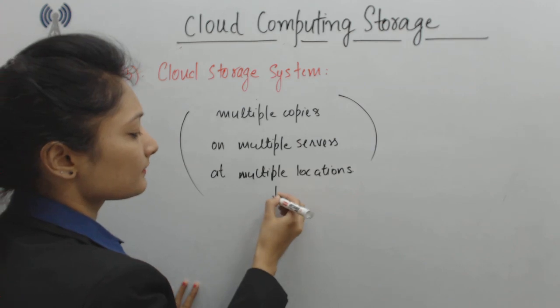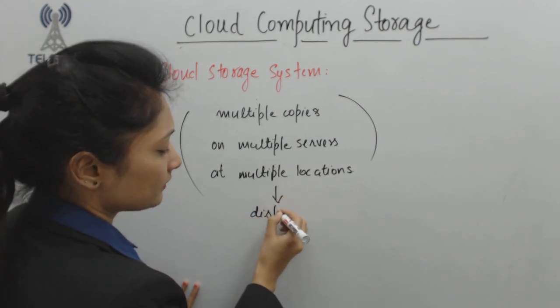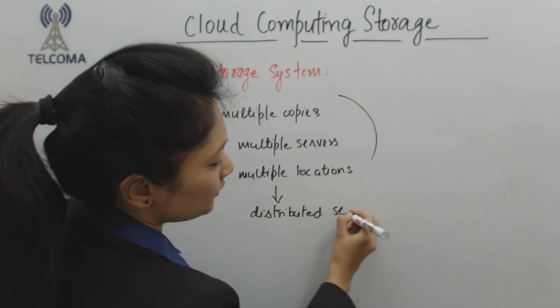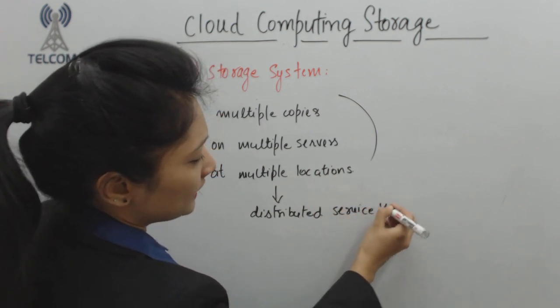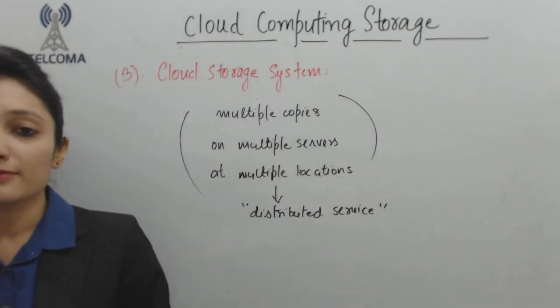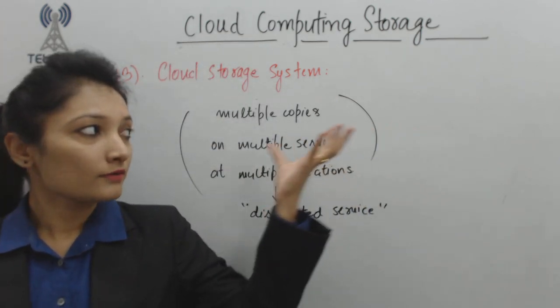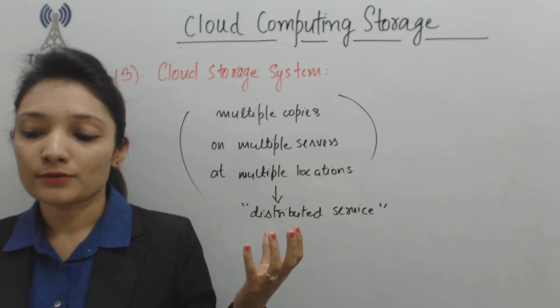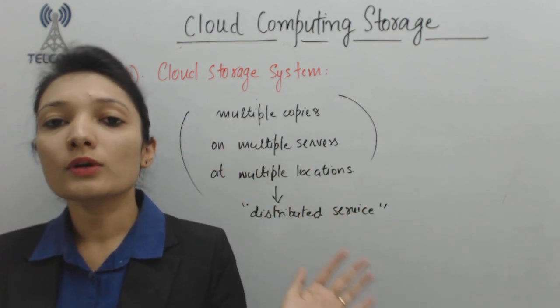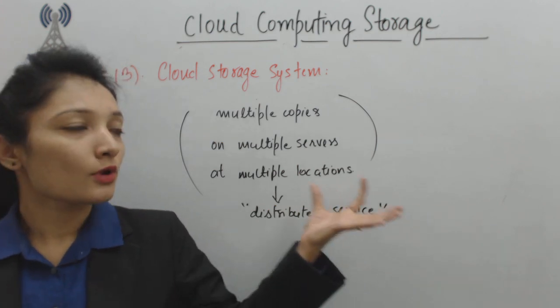So that means this is a distributed service here. So if one of the systems is failing, it only requires changing the pointer to another stored location, another stored object location.